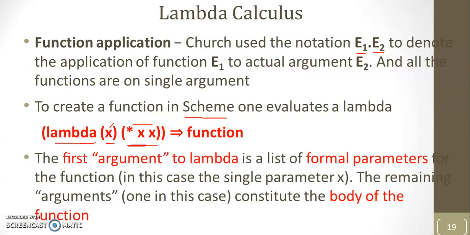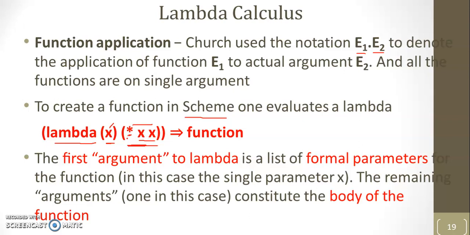So what is the operation that is performed here? x will be given as an argument, and another form of expression is given here: star will be a function. It will be taking the arguments x and x, which means x into x.